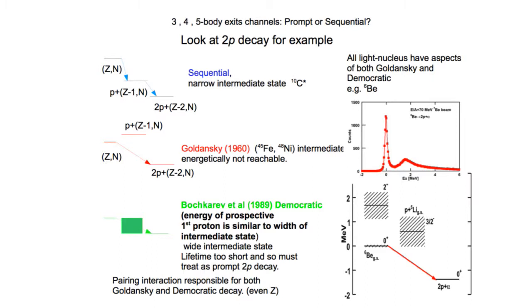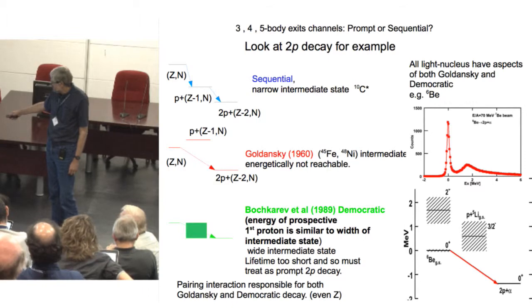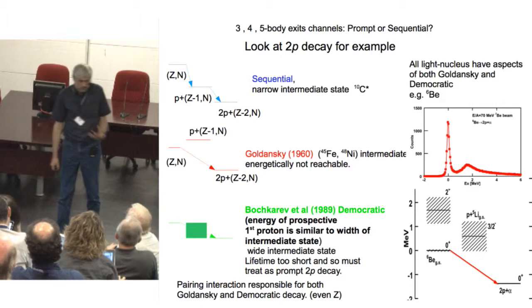Now you have to be careful because democratic decay has been used by other people to mean phase-space decay, but here they meant democratic decay is equality of energy scales. If you imagine a case like this, where the typical energy of the sequential decay was of the same order as the width of the intermediate state, then they proposed that this should be a prompt decay.